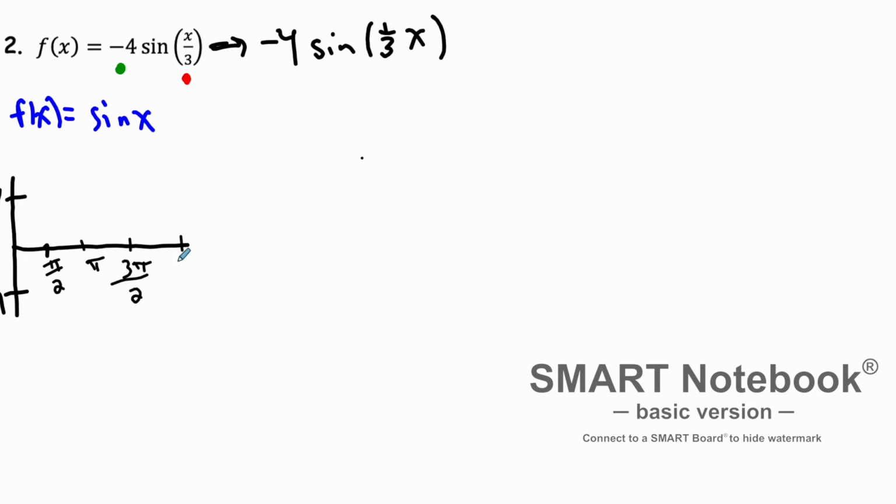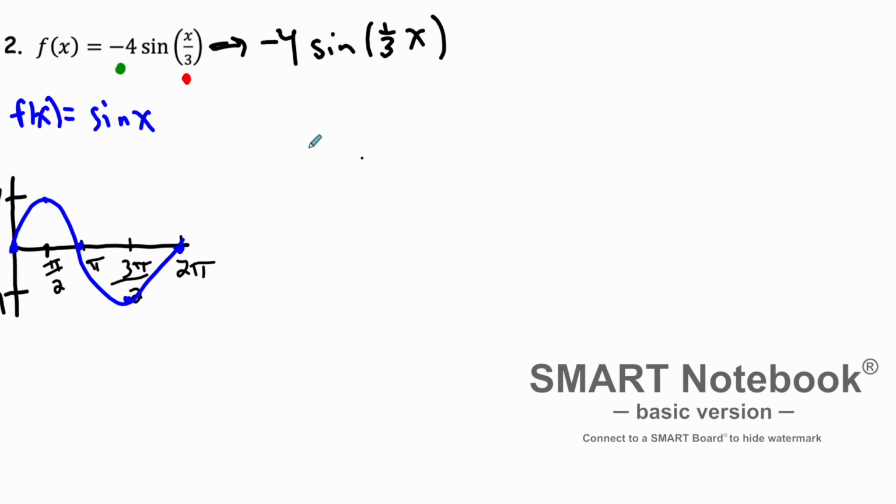And the last one, 2 pi. There we go. Change it back to blue. Here's our graph: 0, 0, pi over 2, 1, pi, 0, 3 pi over 2, negative 1, and 2 pi, 0. So connect the dots. All right, there's our parent function.